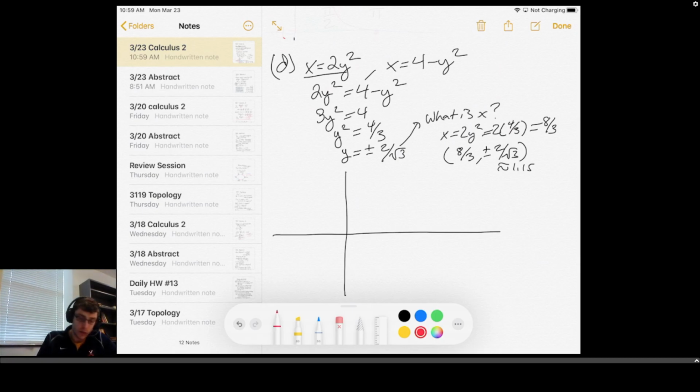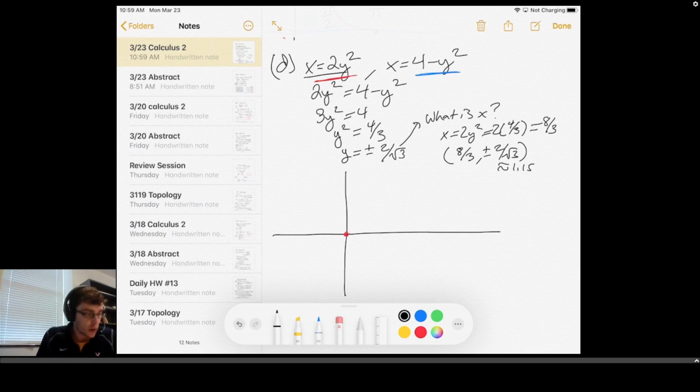So if we do 2y squared in red, the usual, I guess. It starts at 0, 0, right? And then it's opening to the right, and it's just a little bit longer and narrower because of the ×2.